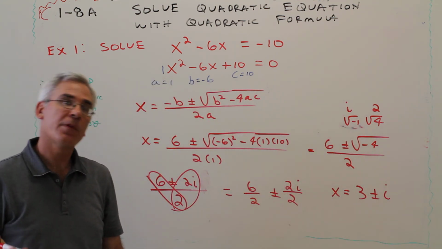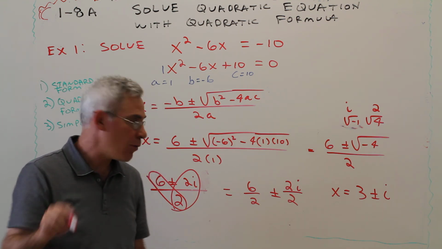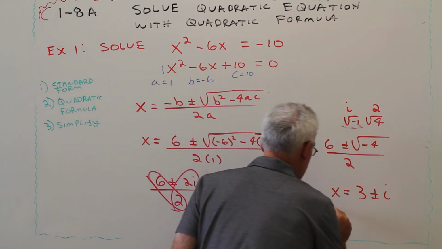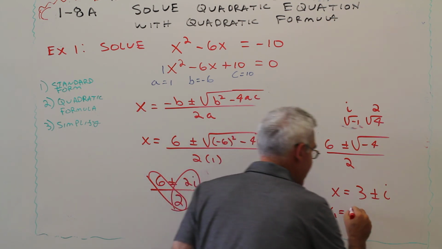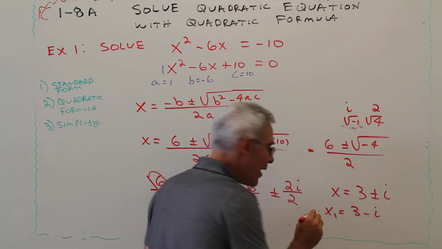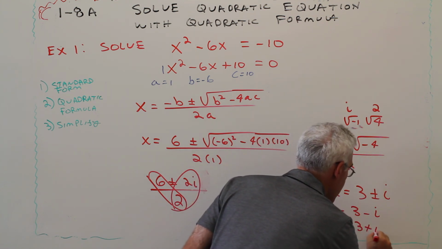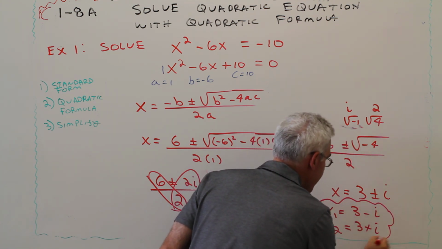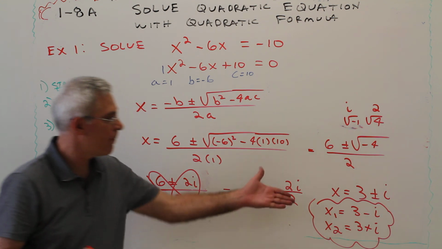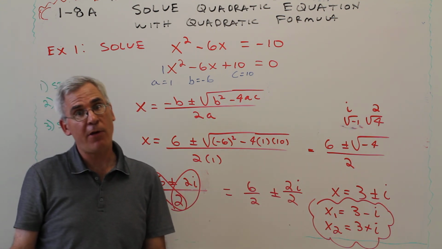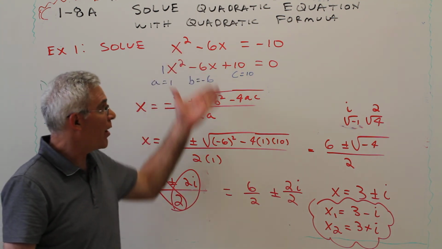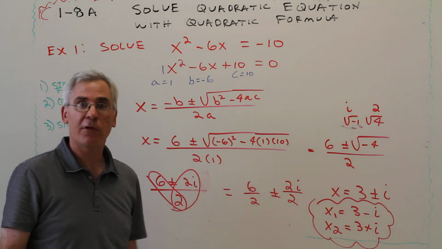And again, on my tests, I usually have 2 answer blanks. X sub 1 is 3 minus i. X sub 2 is 3 plus i. And there you have it, how to solve a quadratic equation by using the quadratic formula.